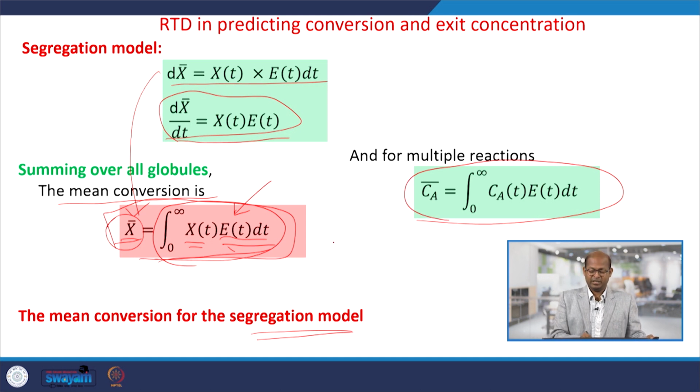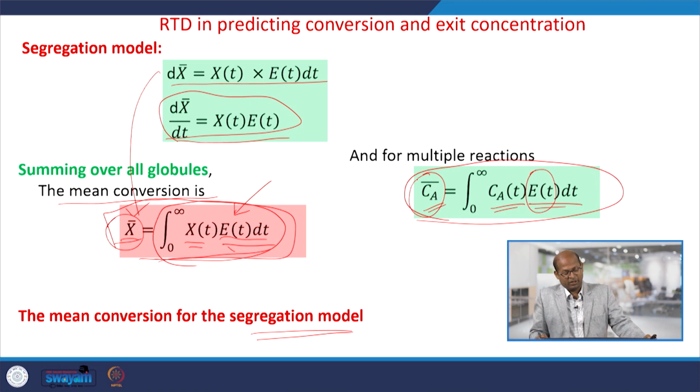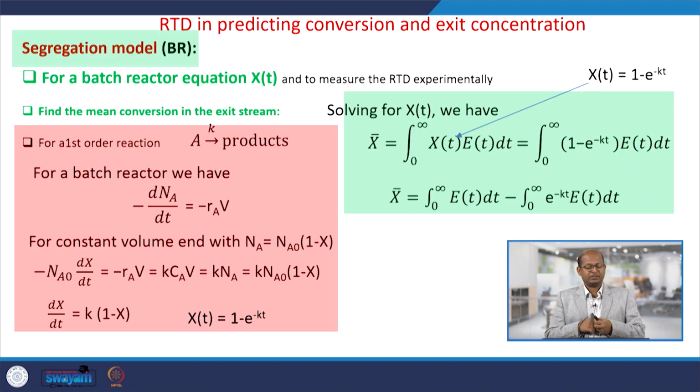Here CA bar is the average concentration, CA is the individual globule concentration, and E(t) dt is the residence time distribution. If we sum from 0 to infinite time, we get the average concentration from the segregation model.